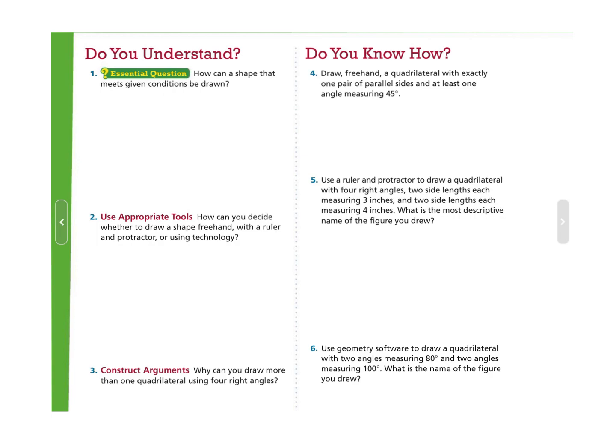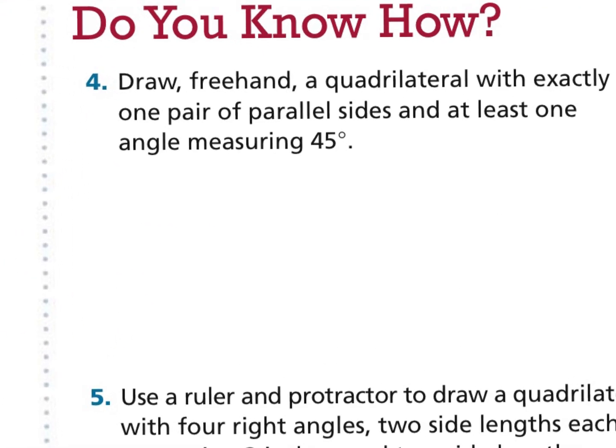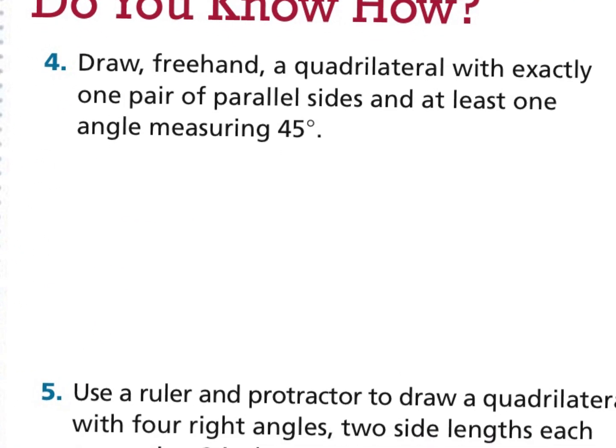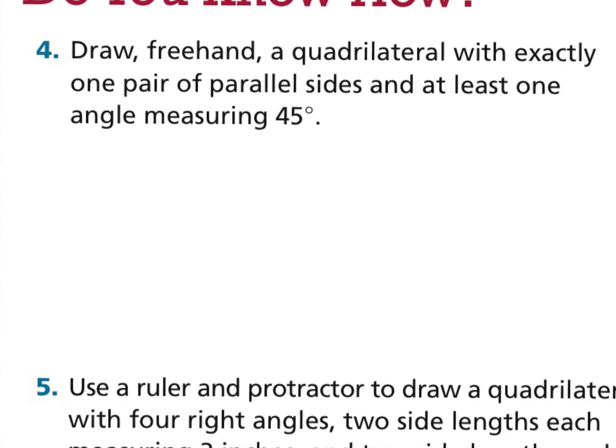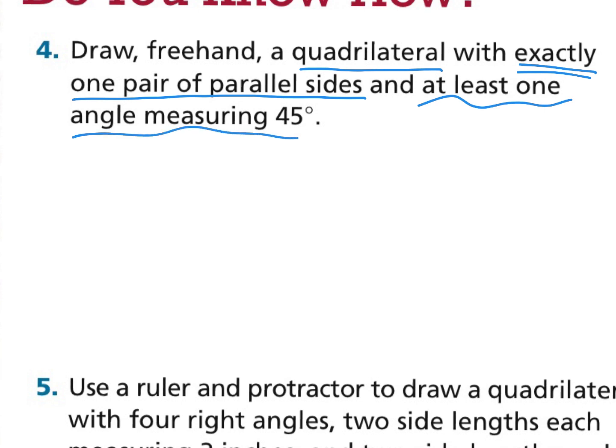So we're going to look at the do you know how number 4. So they want us to draw, it says freehand, we're going to use our protractors and rulers and stuff here. But we're going to draw a quadrilateral with exactly one pair of parallel sides and at least one angle measuring 45 degrees. So before we get started with this, we might want to think about what kind of shape this is.